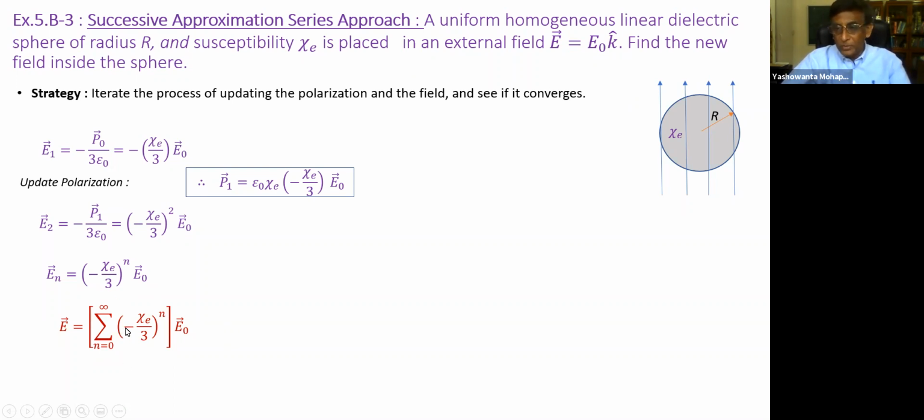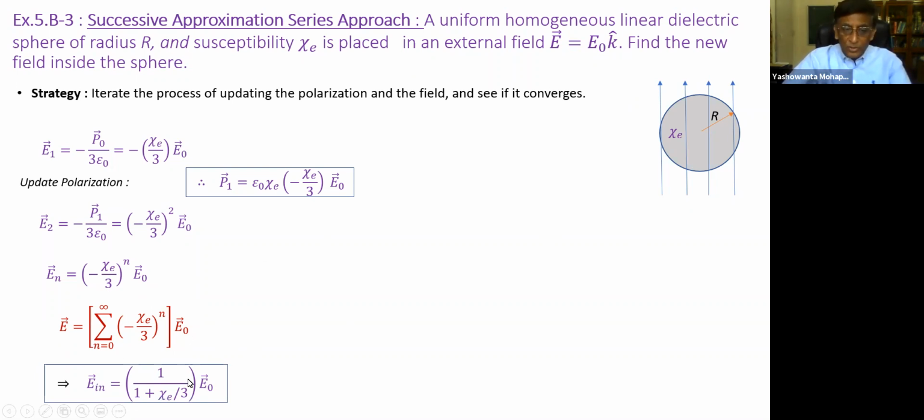This is simply a geometric series, and I know how to write a geometric series. Hence E inside, because of the many steps that I've taken, is simply 1 by 1 plus chi by 3 E naught. All right, so this is the process of successive approximation.